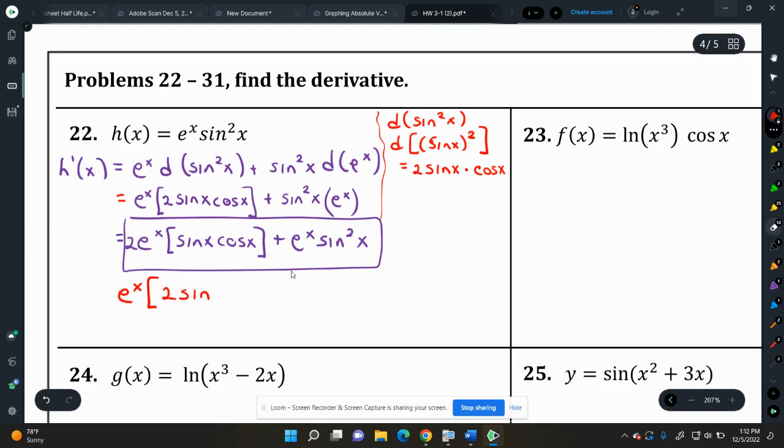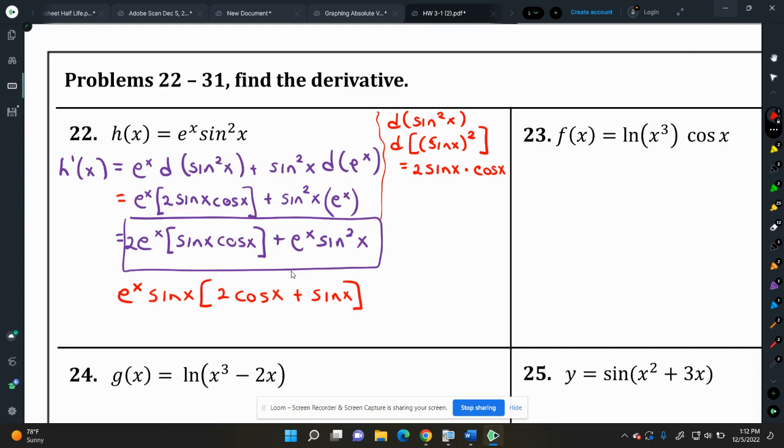In fact, they're probably going to make it even worse. They're going to factor out e to the x and sine x, and give you your answer as 2 cosine x plus sine x. But it's a multiple choice question, so you should be able to figure out that they're the same.